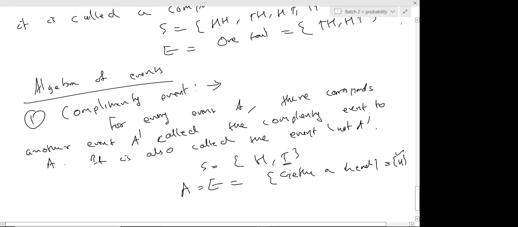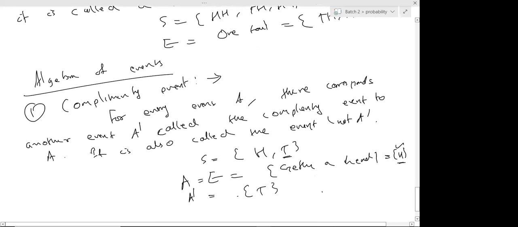You will get tails. That would be called A dash or A complement or not A. So whatever remains except this is A dash.